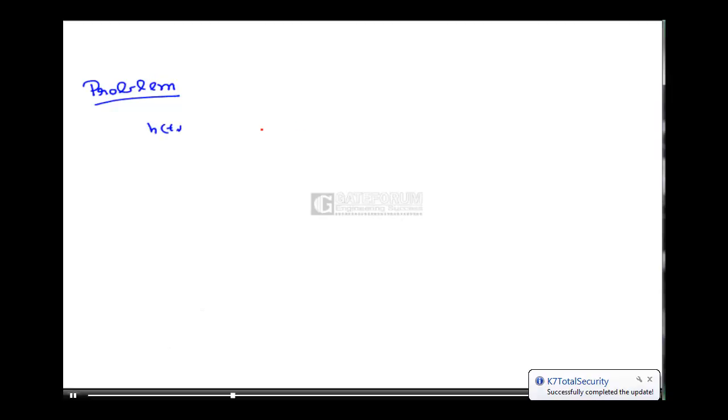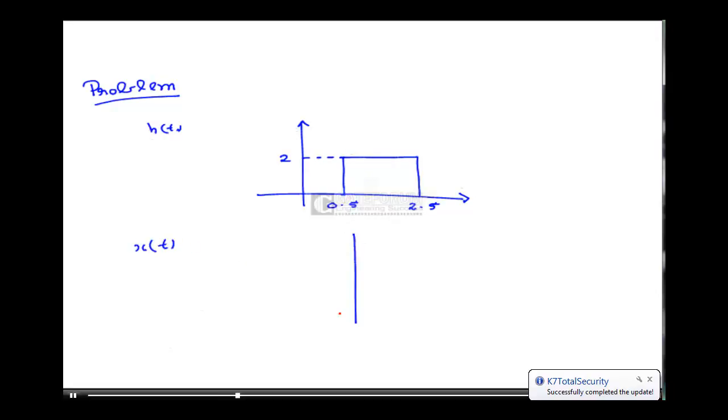ht is given by 0.5 to 2.5. Amplitude is 2. xt is given by 2 to minus 1.